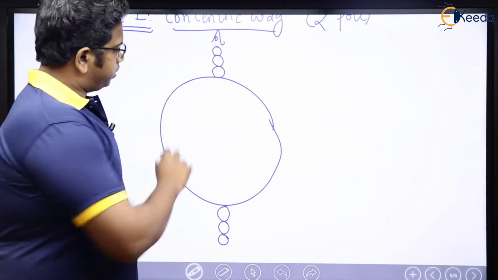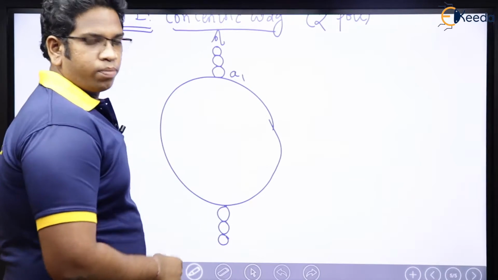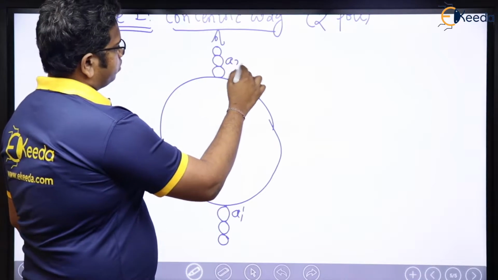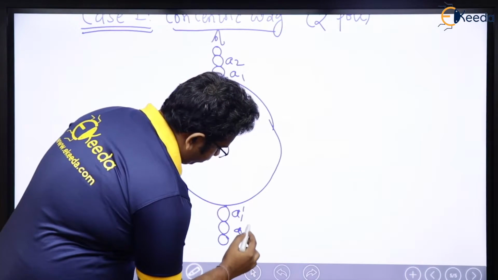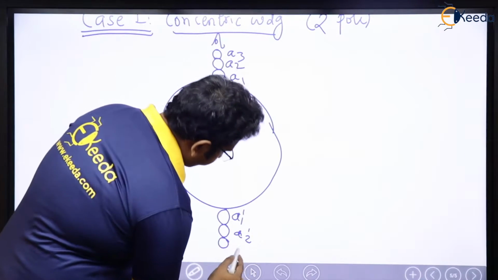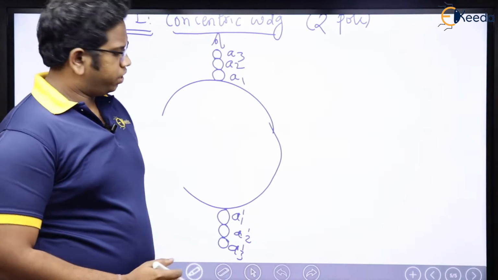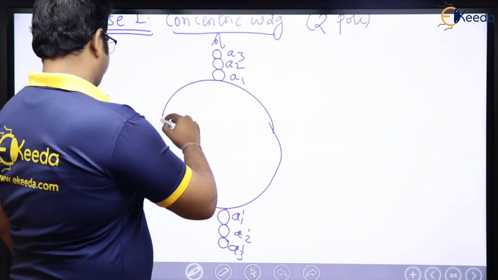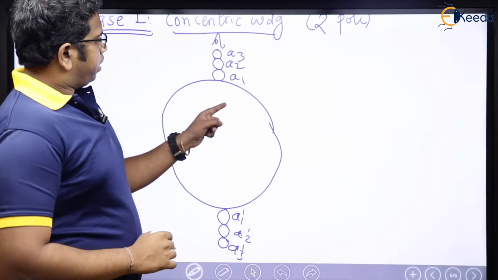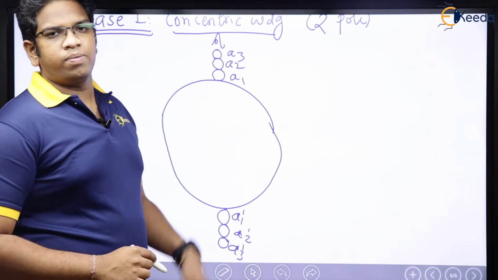Since it is a two-pole machine, we know that if this is A1, then diametrically opposite to that is going to be A1 dash. If this is A2, this is going to be A2 dash. If this is A3, then here it is going to be A3 dash, right? Yes, 100%. So now just see here: A1, A2, A3, A1 dash, A2 dash, A3 dash. Why? Because it is two poles, so they are going to be diametrically opposite.